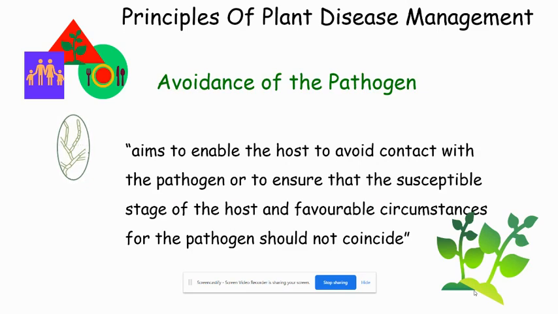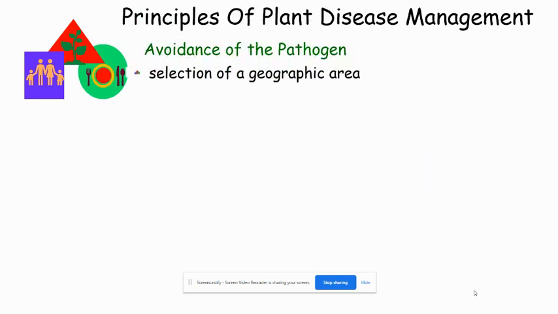Avoidance of pathogen: this aims to enable the host to avoid contact with pathogen or to ensure that susceptible stage of the host and favorable circumstances for the pathogen should not coincide. Avoidance of pathogen can be applied by using selection of geographic area.